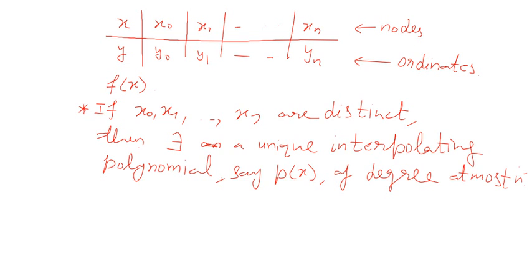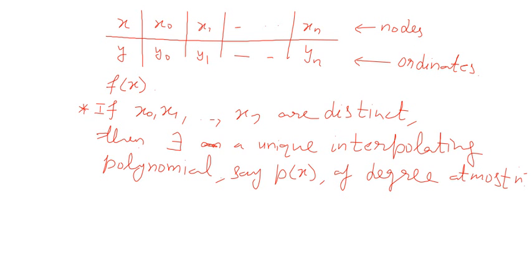So we have learned this result, that there exists a unique interpolating polynomial. We observe that for the same interpolating polynomial there may be different types of representations.